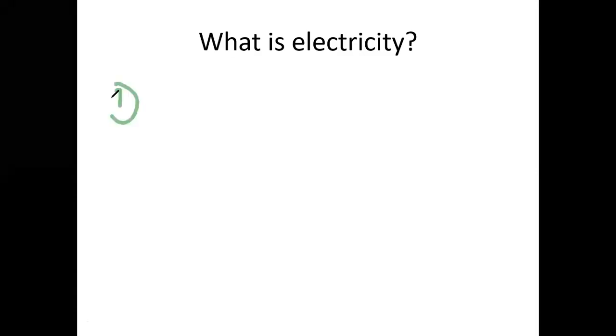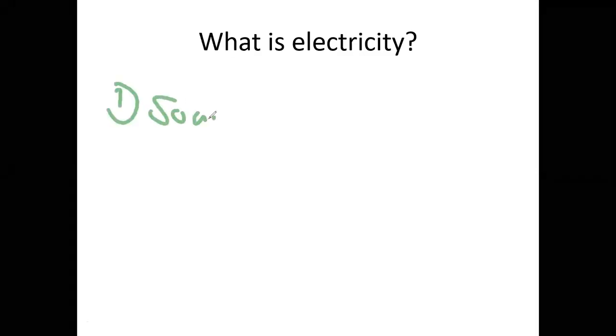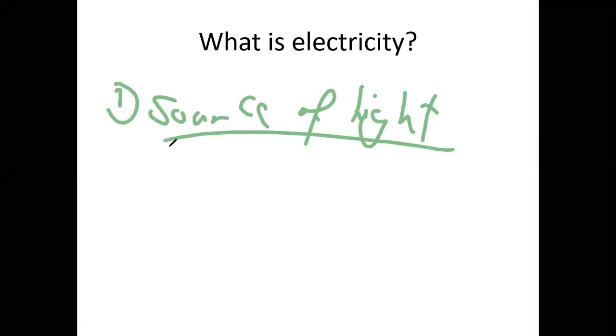This source of light might be a battery, meaning you have a battery that produces electricity for you inside the circuit.